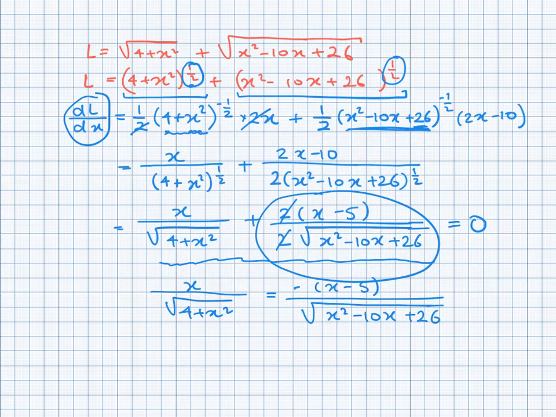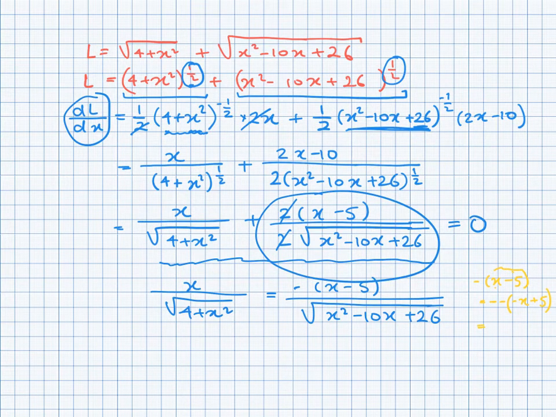Before I move on, there's one more thing that I may apply here, and I'm going to write this on the side. We have negative x take away 5. So we can take the negative out from inside. This x is going to become negative x, and negative 5 is going to become positive 5.